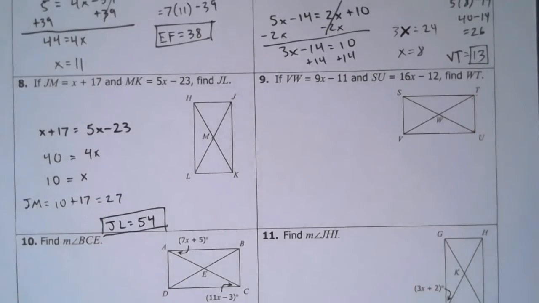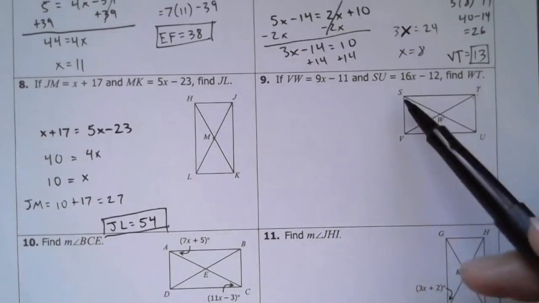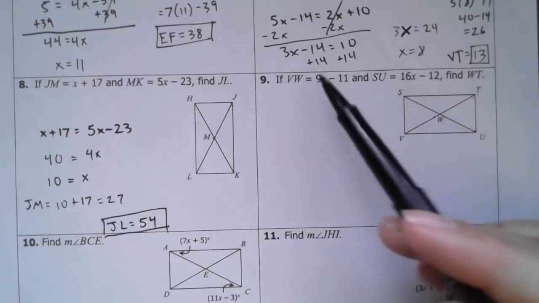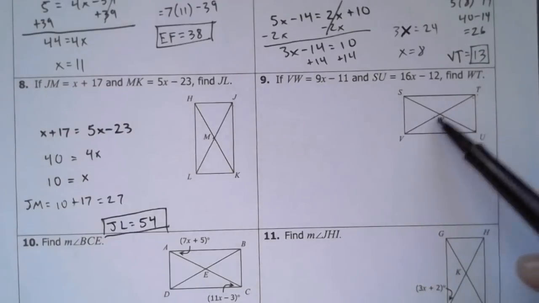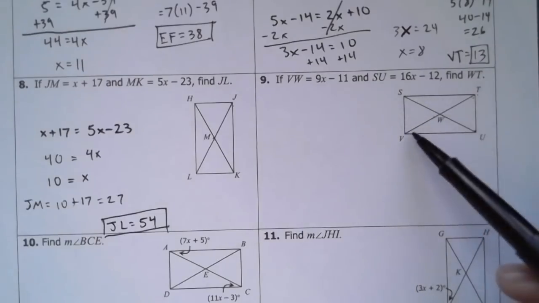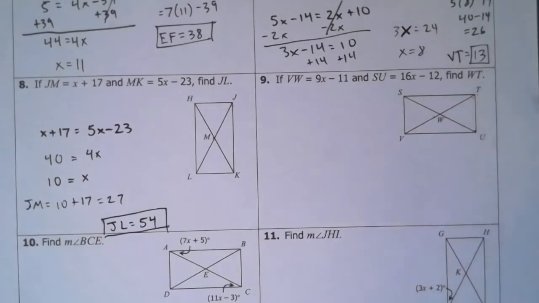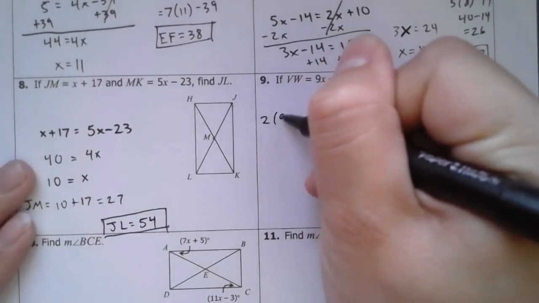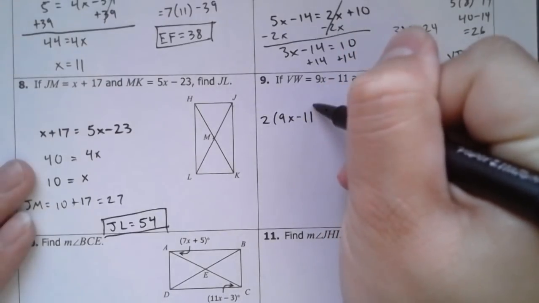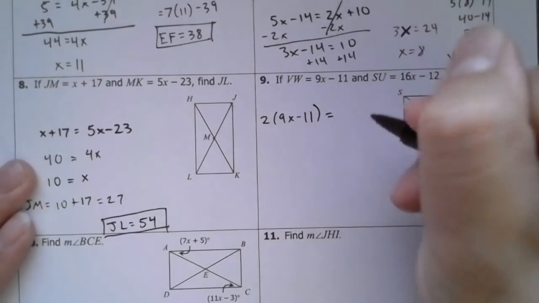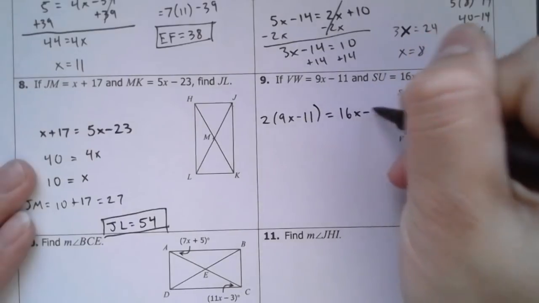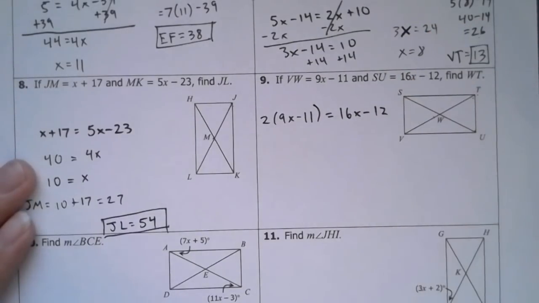So if the entire thing is 16x minus 12, SU, and VW is half, I can multiply this one by 2 to get the entire diagonal, which is this one here. So I can do 2 times 9x minus 11 is equal to 16x minus 12, the entire thing.